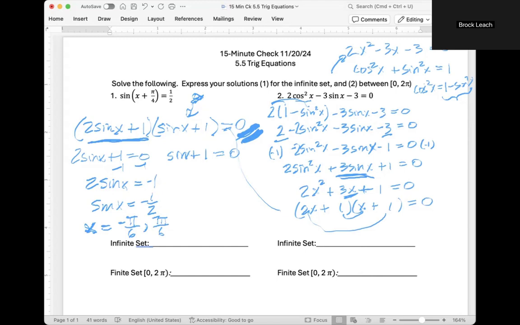On the second half here, if we subtract 1 on both sides, I get sine x is equal to -1. And there's actually just one solution where we get -1, and that's x equal to negative pi/2.